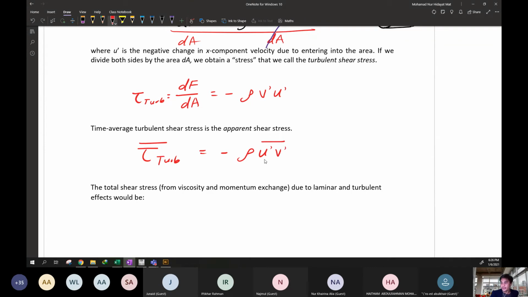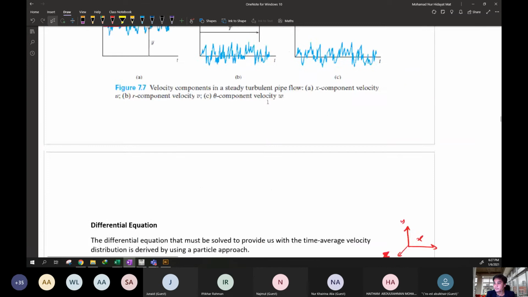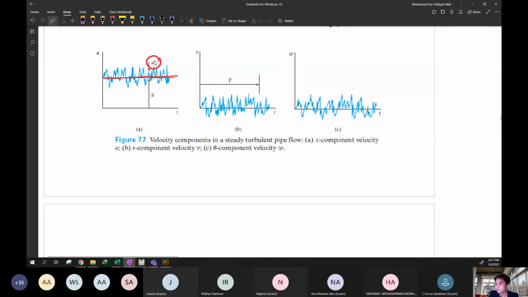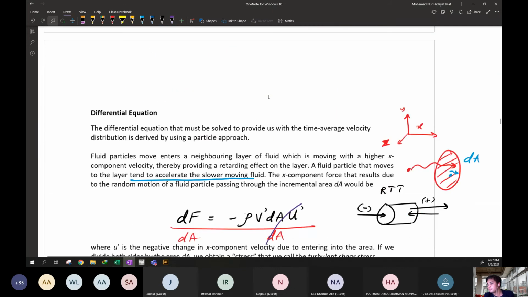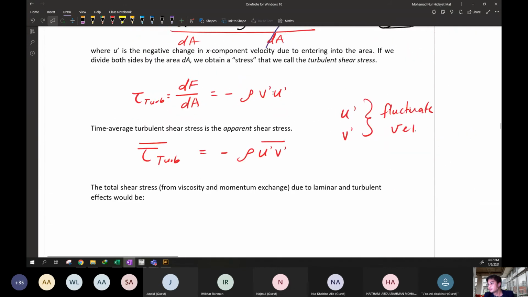You know that u and v represent the fluctuating velocity. So from here we do the average of the fluctuating velocity, and you will get the time average turbulent shear stress.